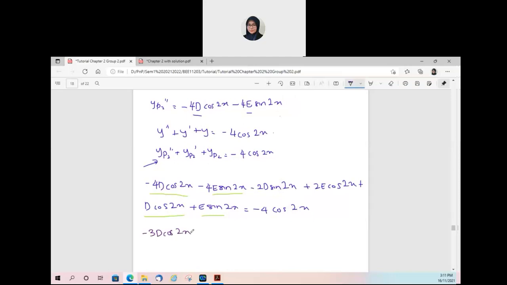Betul? This one minus 4E sin 2x plus E sin 2x. Jadi, minus 3E sin 2x. And then minus with this whole thing, minus 2D sin 2x plus 2E cos 2x equals to minus 4 cos 2x.